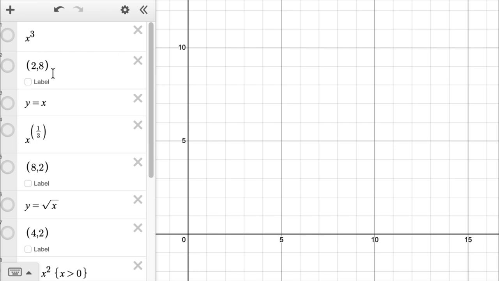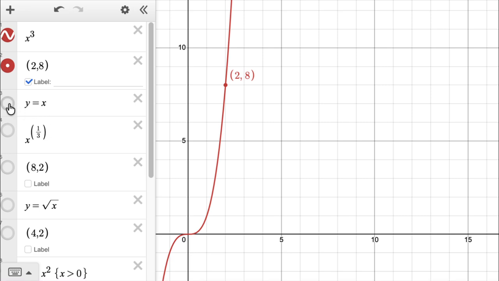First, let's take a look at a cubic function, x cubed, and let's pick a point on this graph. Let's pick the point (2, 8), so you can see that there. Now I'm also going to graph the line y equals x, because we are going to be looking at the inverse function. It's important to remember that by definition, the inverse function has been flipped around the line y equals x.